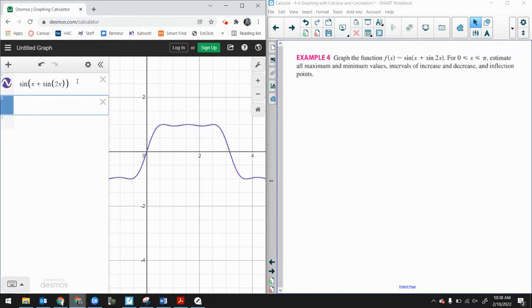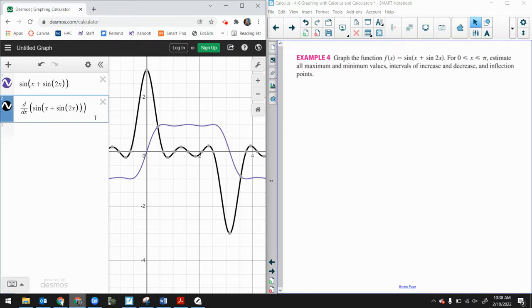Now, Desmos, man, whatever money you're paying your programmers, it's not enough. Because look at this. What does that symbol mean? D over dx. The derivative. Copy, Control C, Control V. Are you kidding me? So I could just do that?